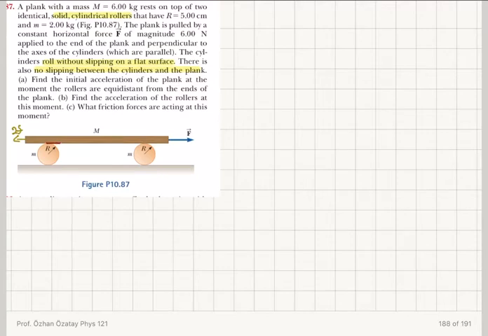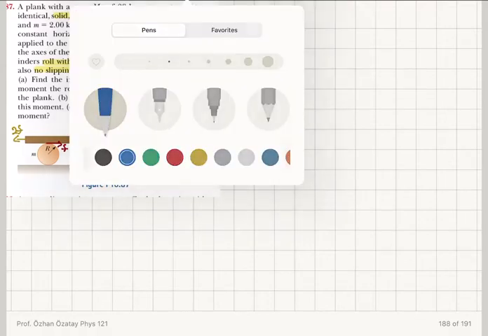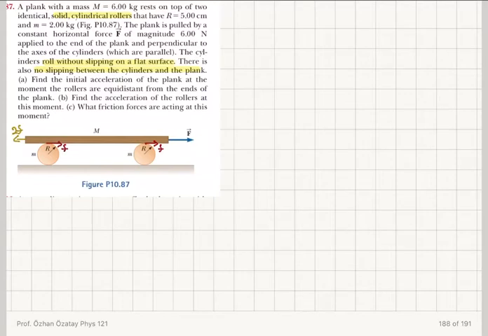The corresponding friction at the top point of the cylindrical rollers will be f each, small f each, force of friction to the right. Now for the bottom surface, since this is rolling without slipping, I have no idea where the force of friction points, so I will assume it's pointing to the right, and Newton's laws of motion will tell me if I was right or wrong.